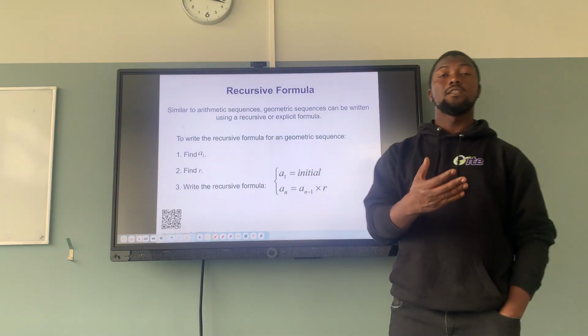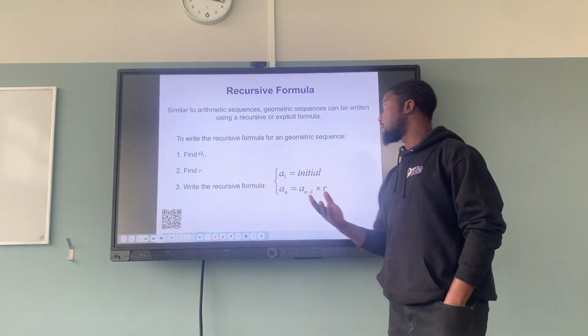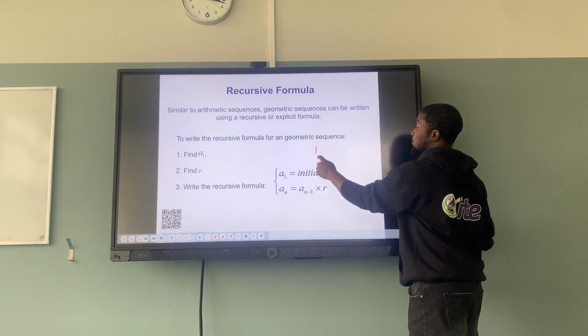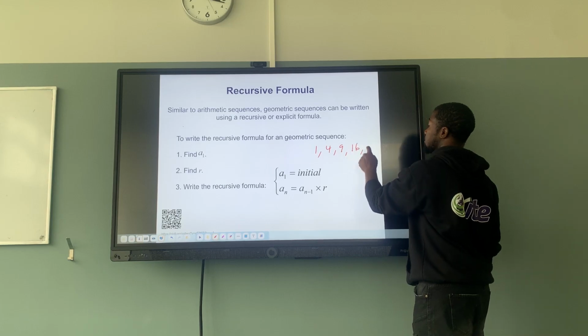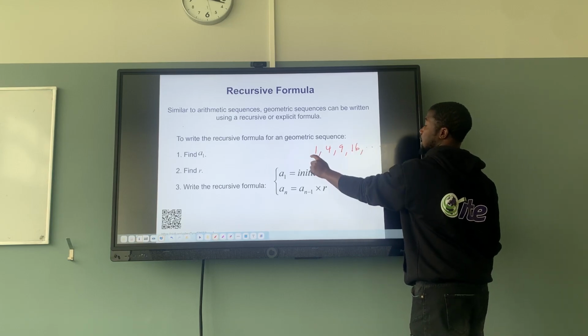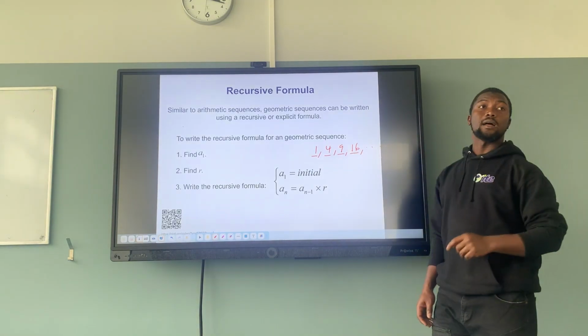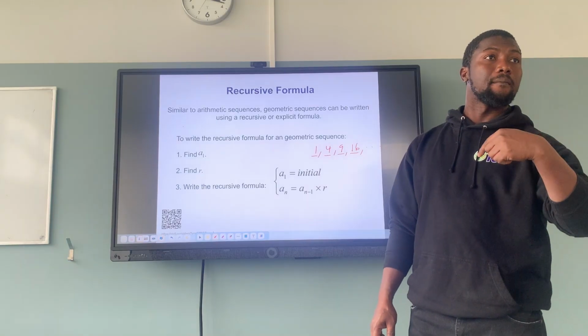Now, why do we need the formula? For example, if you are given a sequence 1, 4, 9, 16. This is the first term, the second term, the third term, the fourth term. And I ask you to find the 100th term.